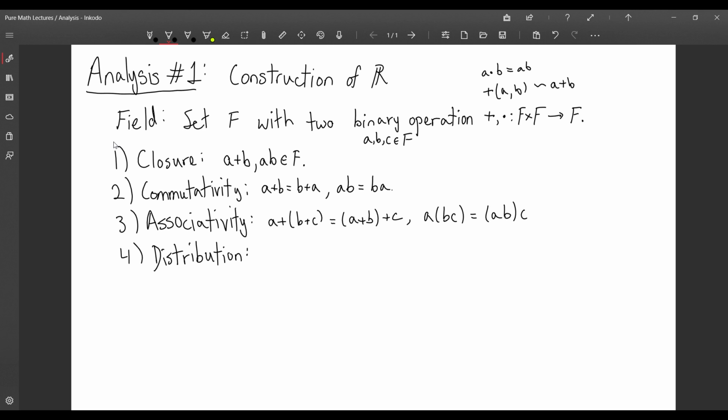The next property relates multiplication and addition, and it says that a times (b plus c) is equal to ab plus ac.